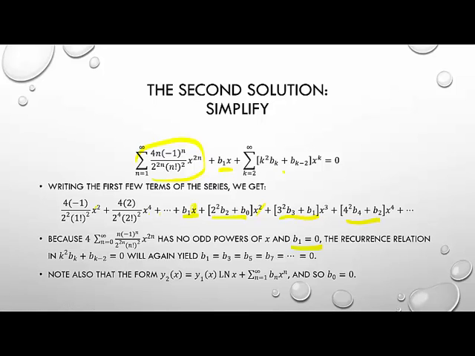Now, all these other terms are all even terms from the Bessel function of the first kind. And then we have these recurrence relations that we can find for the odd terms. Because there are no odd terms in the Bessel function, and these odd terms are all together separate from the even terms, and b1 is equal to 0, we can conclude that all the b's with an odd index will be 0.